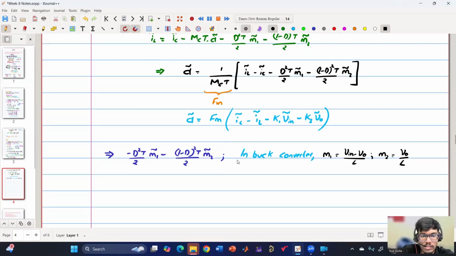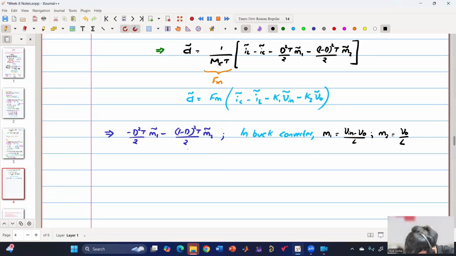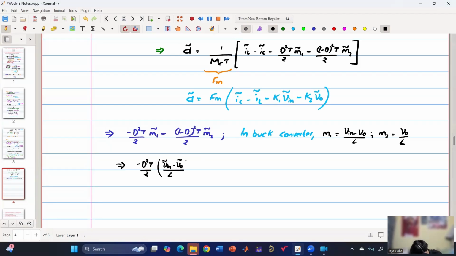Slope. So we'll substitute it here. Then I'll be getting minus d square t by 2 into v in perturb minus v naught perturb by l, minus 1 minus d whole square into t by 2 into v naught perturb by l.